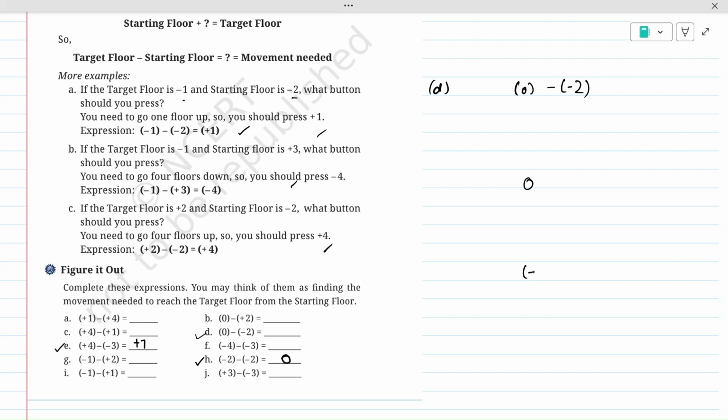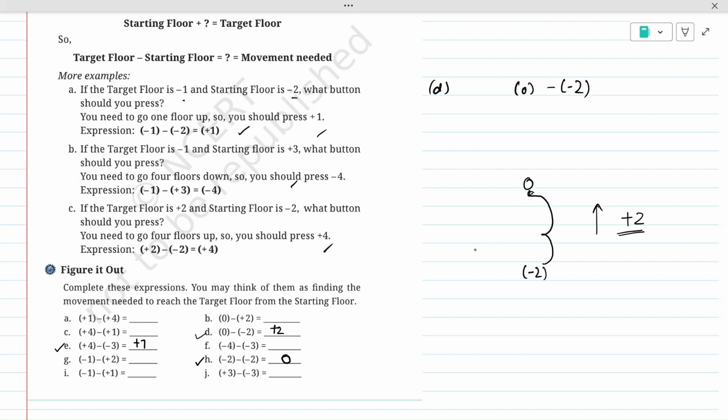Currently, I am at -2. That means I have to go up. Go up means press the plus button. How many times? It is -2 to -1, -1 to 0 here. So I am pressing it twice, +2. So this is +2. We will press the plus button 2 times to reach the 0 floor.